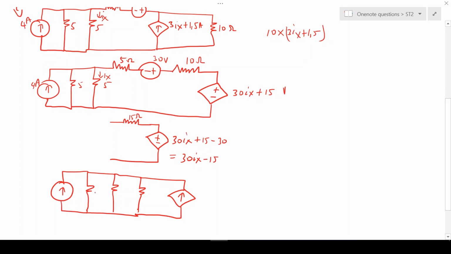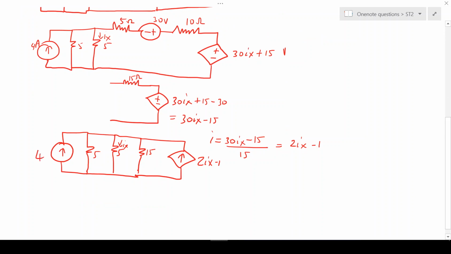That is the 5, that's the 5, this is Ix, this resistance value here will be 15, and this current should give me a value of 30Ix minus 15 all divided by 15, which then should give me 2Ix. 30 divided by 15 will be 2, and then 15 divided by 15 will be 1. So I've got a value here of 2Ix minus 1 in parallel with the 15 ohm resistor.